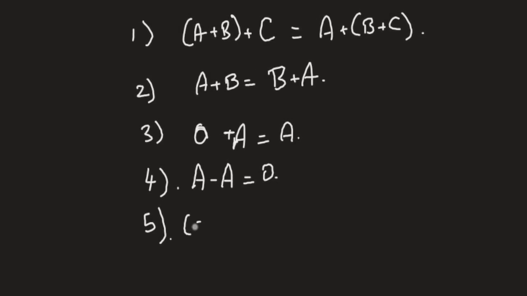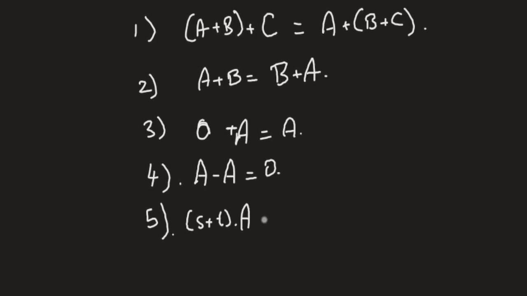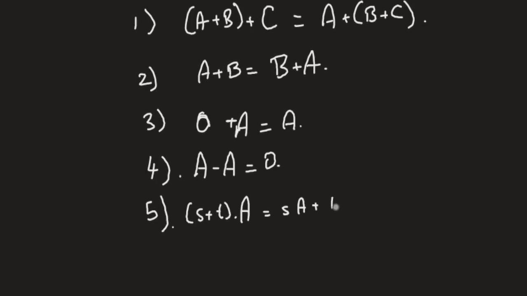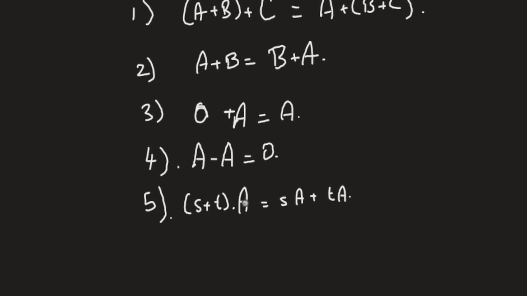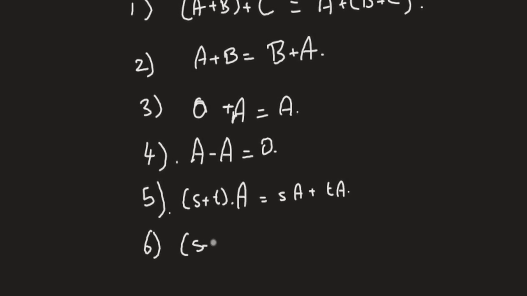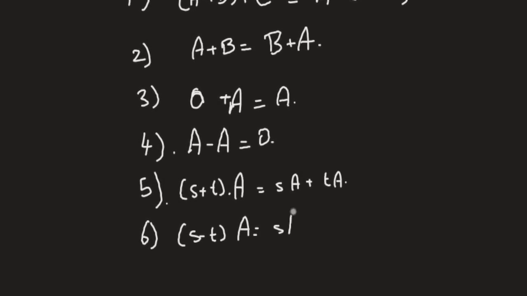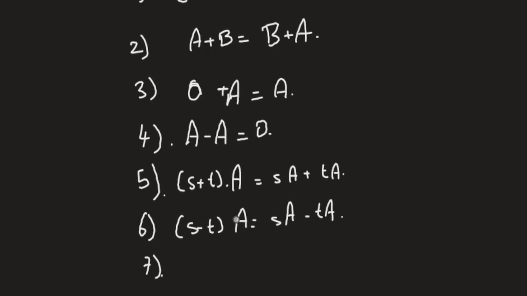Now if you grab two scalars, add them up, then multiply them with a matrix A, it's the same as saying s times A plus t times A. You're distributing: sA plus tA. 6, you can say the same thing about subtraction. s minus t times A is sA minus tA. 7, you can do the same thing but in terms of matrices.